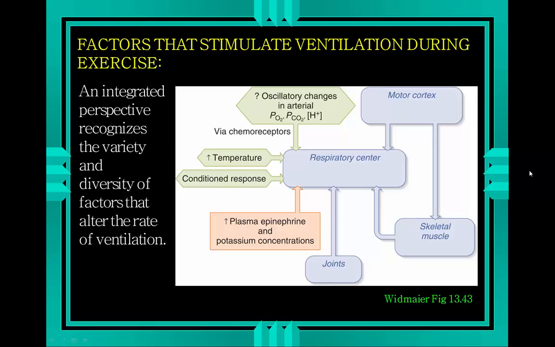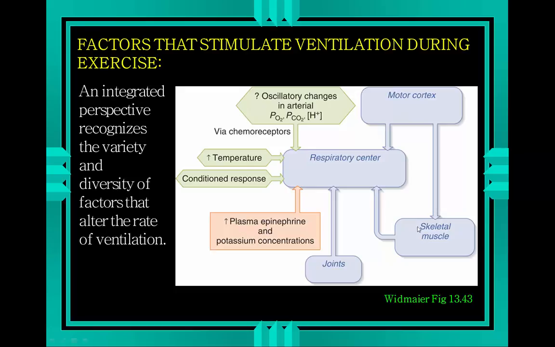So we'll finish with an overhead from Widmaier, figure 13.43, which tries to demonstrate the things that we know or hypothesize about increased ventilation during exercise. Why, when we start exercising, do we get an instant increase in breathing? Maybe because it's the motor cortex. It's basically a conscious thing. You decide to do it.